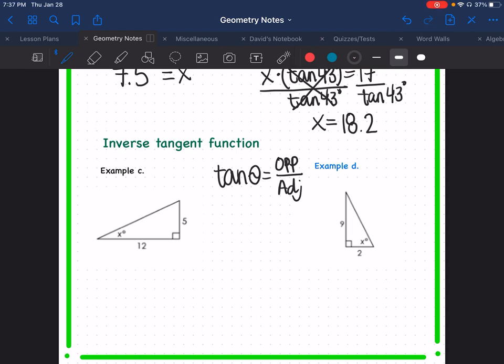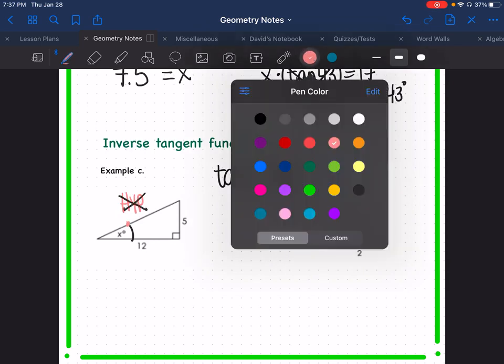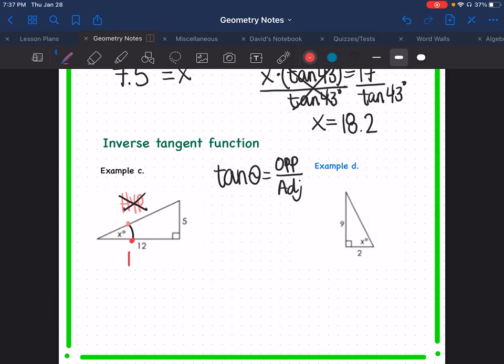But this time when I mark theta, notice theta is x. So here is my hypotenuse, which of course I'm not going to use because it is not marked. Here is my adjacent. It is marked as 12. And here is my opposite. It is marked as 5.